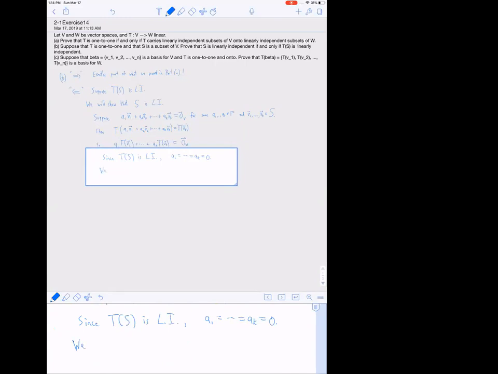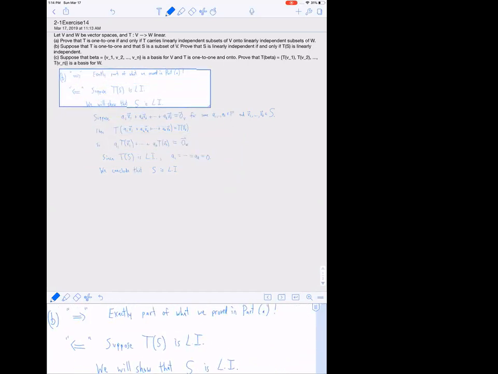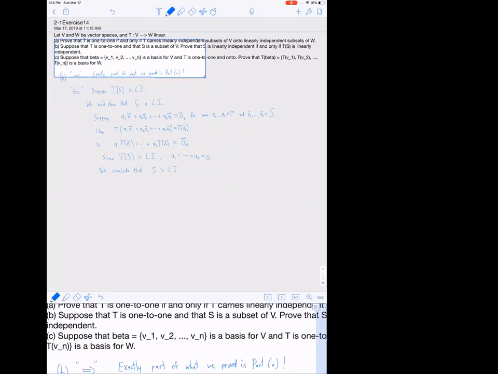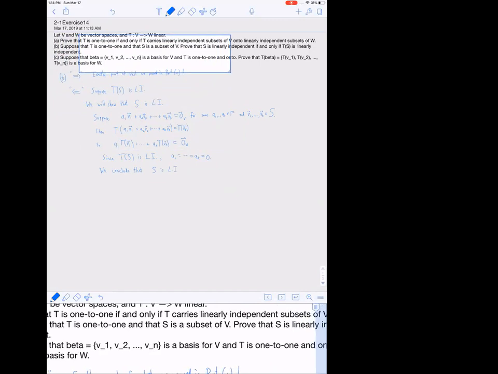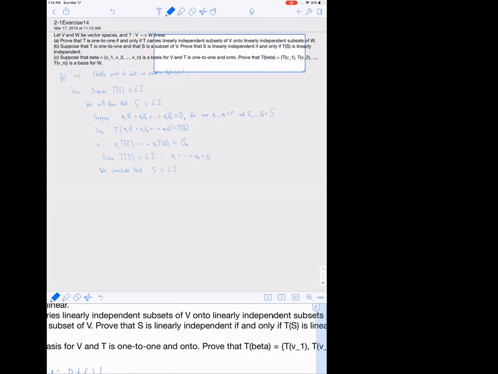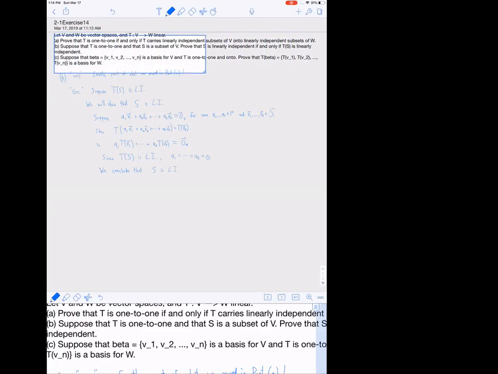So we conclude that S is linearly independent, which is the thing that we wanted to show for the other implication. The first implication was free. So we've now proven part B, that if T is 1 to 1, then S is linearly independent if and only if T of S is linearly independent.